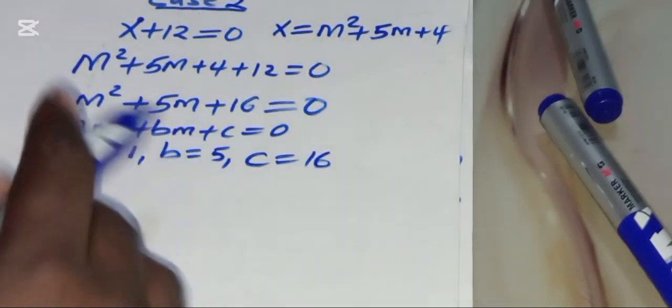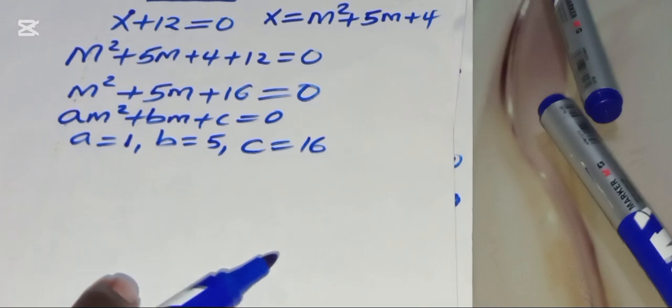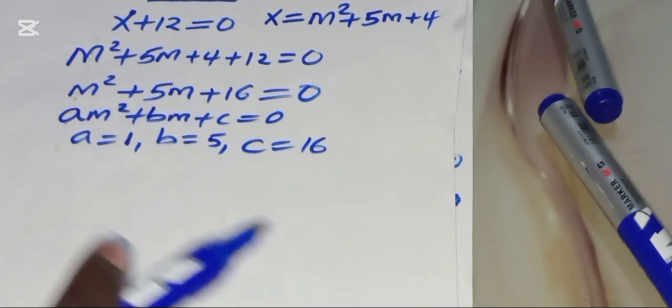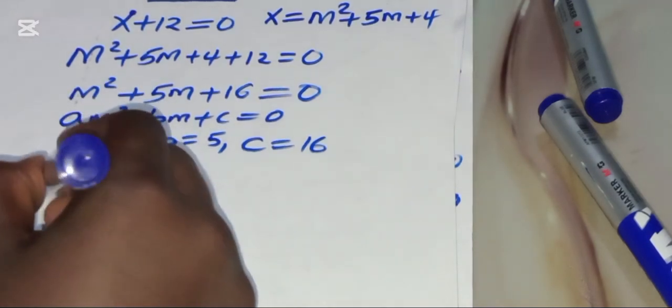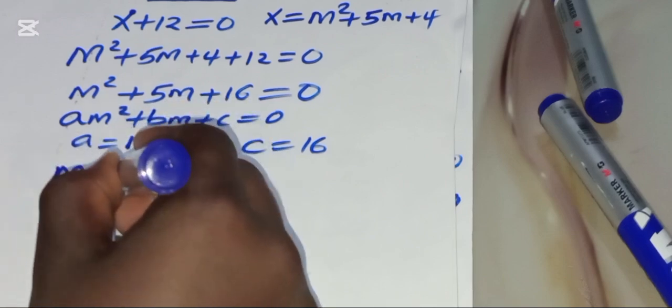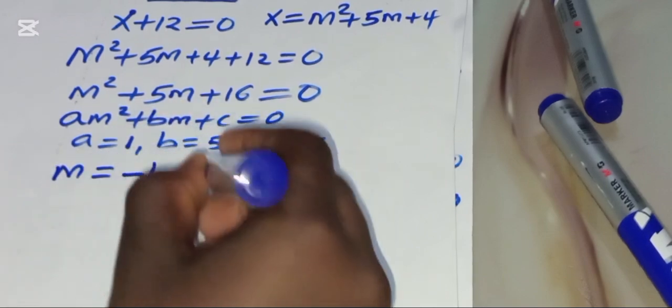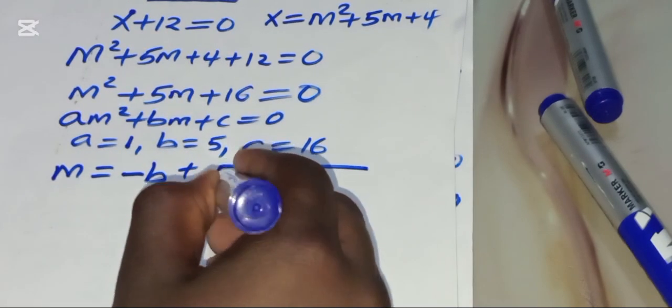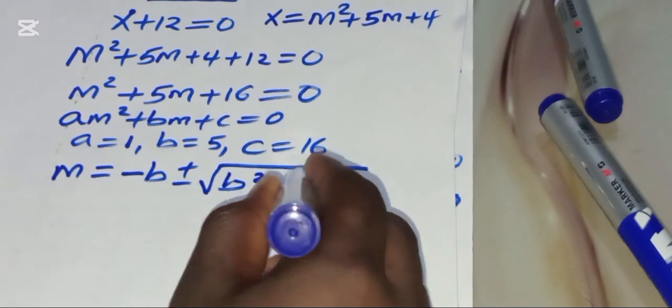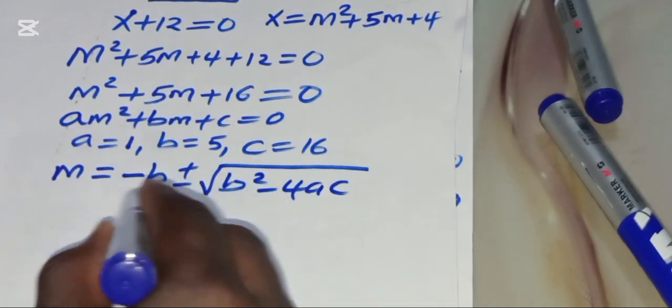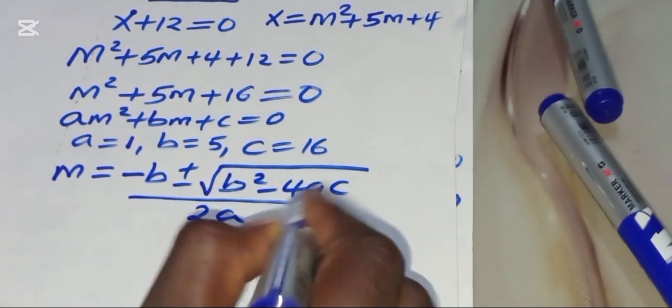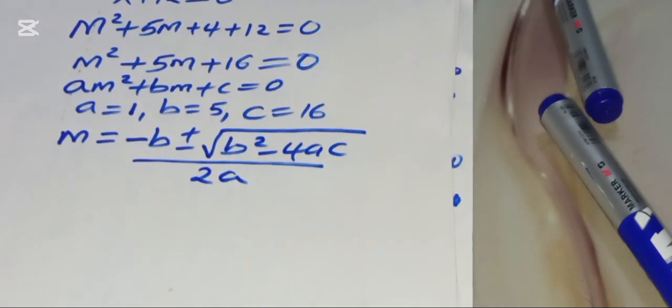So let's quickly use the quadratic formula. For the value of m, we'll have m is equal to negative b plus or minus the square root of b squared minus 4ac, divide everything by 2a. Let's substitute this quickly.